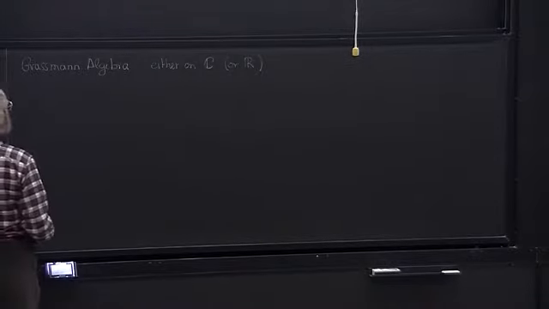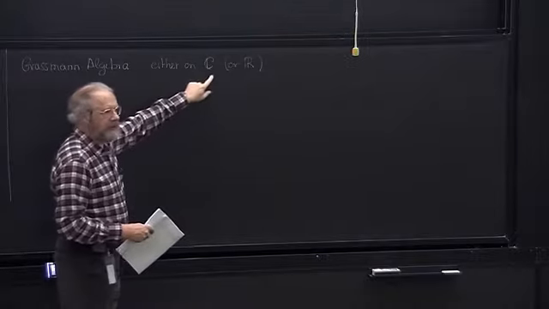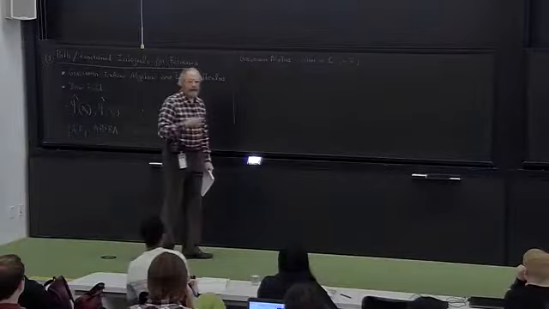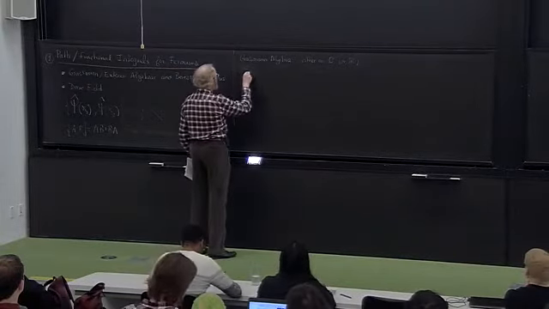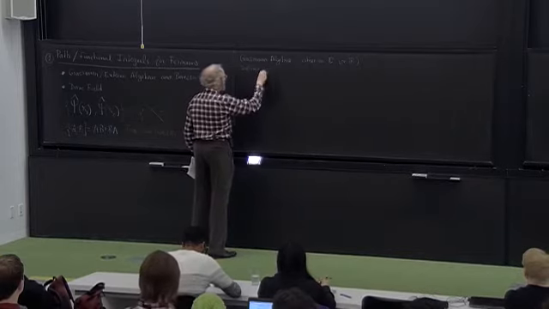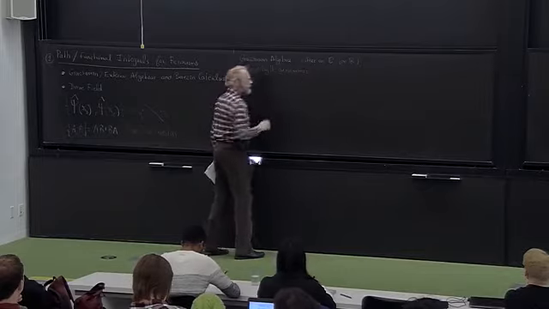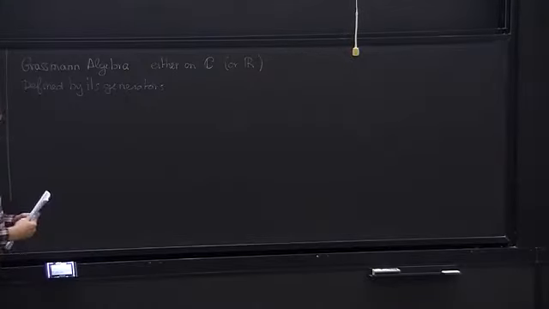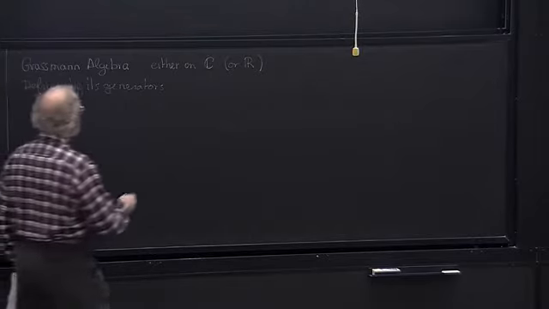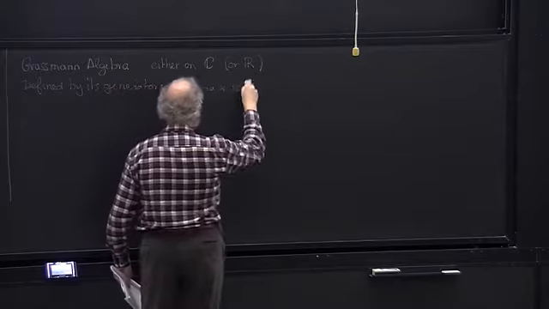So let me consider a Grassmann algebra of dimension n on C. This is going to be a mathematical object defined by its generators, a basis of generators, and the addition and multiplication rules.